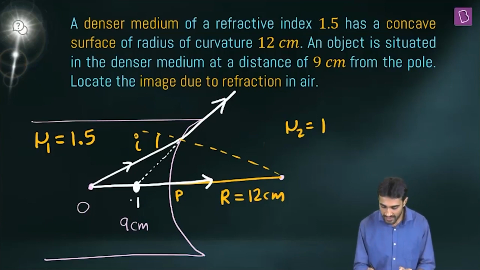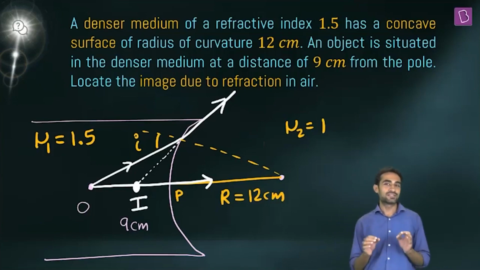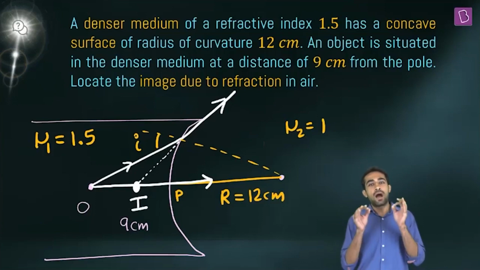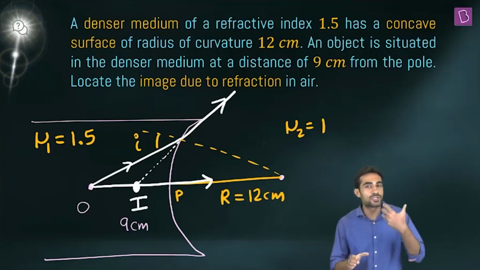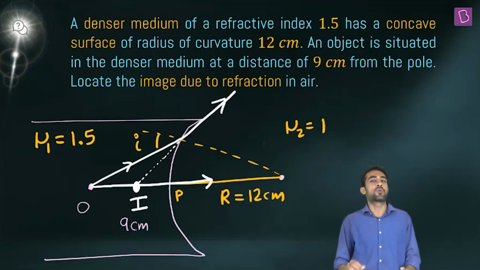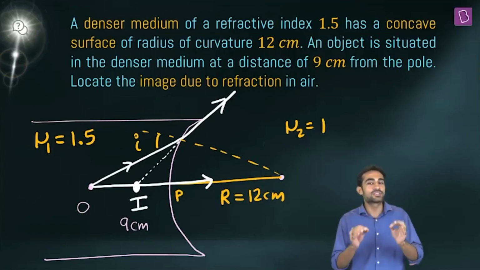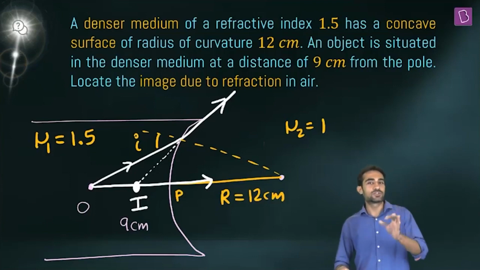This is our image. Now you can see after refraction, light rays are appearing to diverge from a point. That's why we will get a virtual image. This is not a real image. These light rays after refraction are not really meeting at a point. They are appearing to diverge from a point. That's why the image is virtual image.